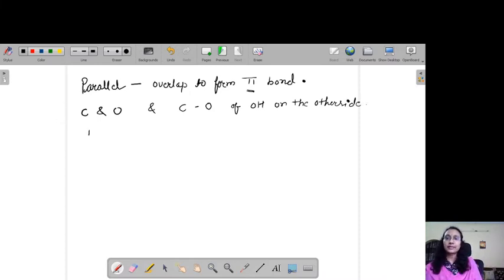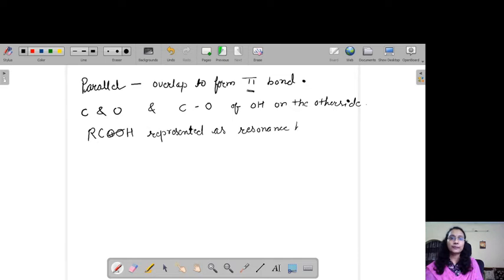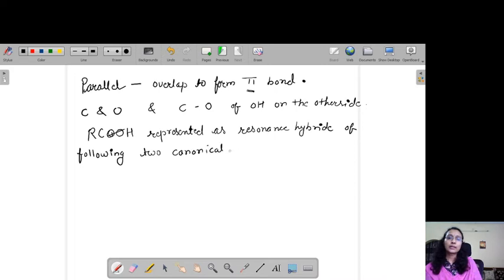In other words, we can say that this RCOOH may be represented as the resonance hybrid of the following structures, or we can call them the following two canonical structures.